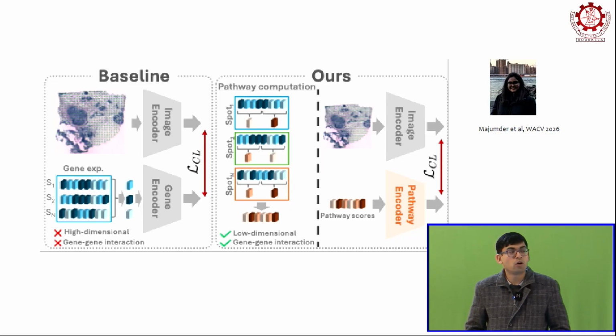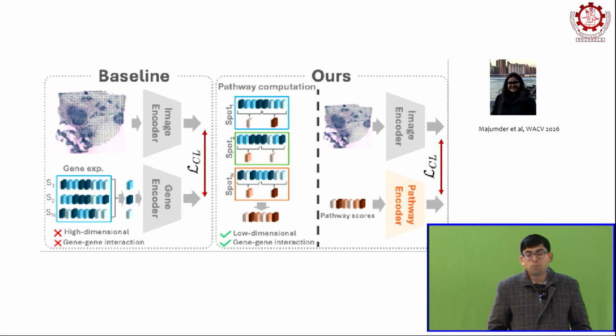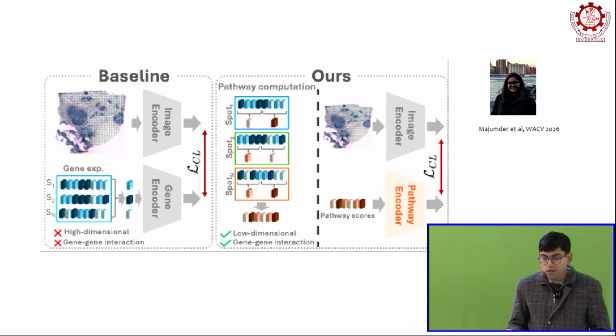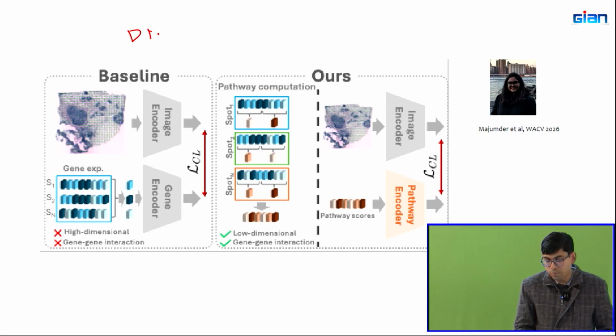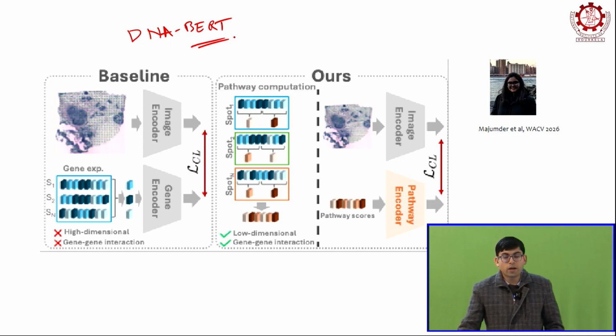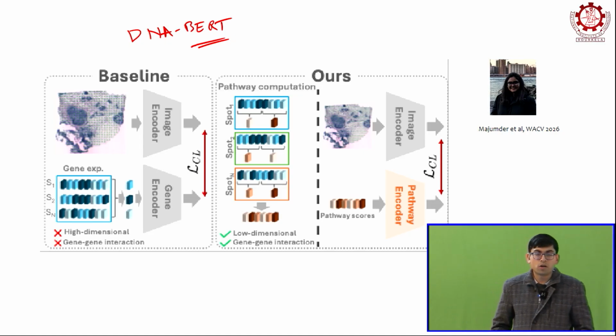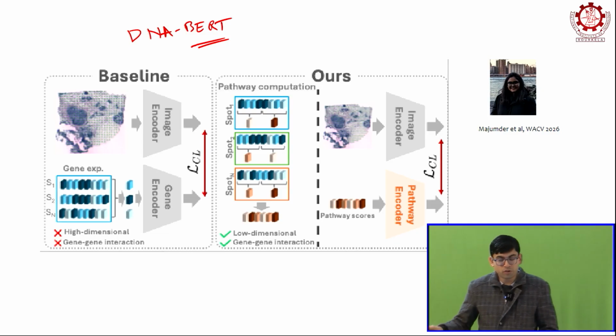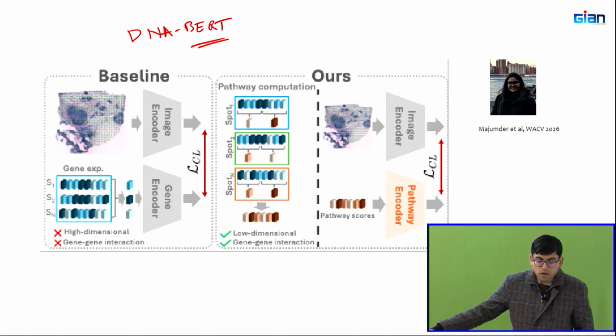One of them is called DNABERT. DNABERT was actually developed by a group in our department. What it does is you can take your expression profiles, provide them to this BERT model, and it would give you the representations.